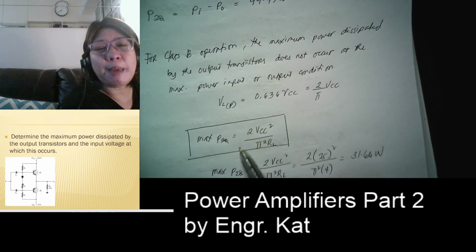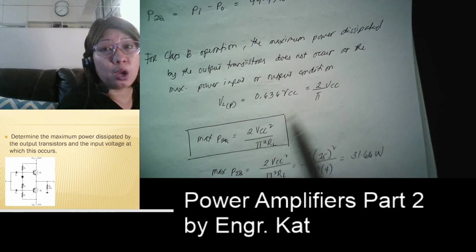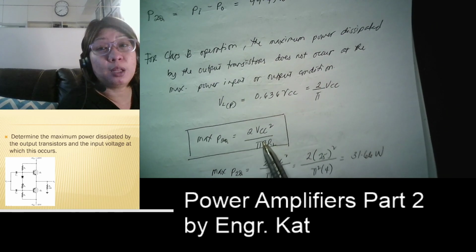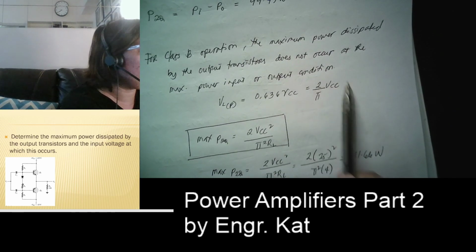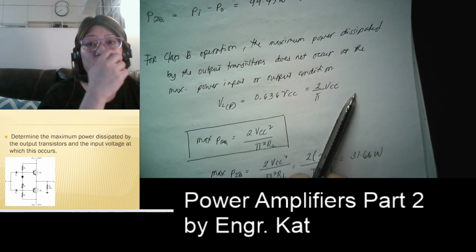So for the maximum P2Q, or power dissipated by the transistor, we will be making use of this load voltage. This is equivalent to 2 VCC squared divided by pi squared RL. So instead of VCC, the voltage that we're going to make use of is 2 VCC over pi.